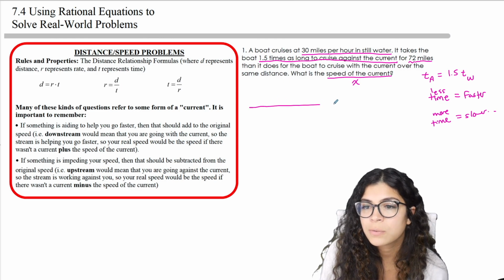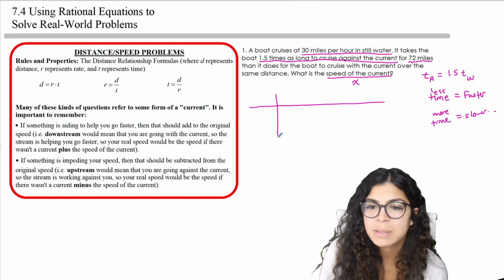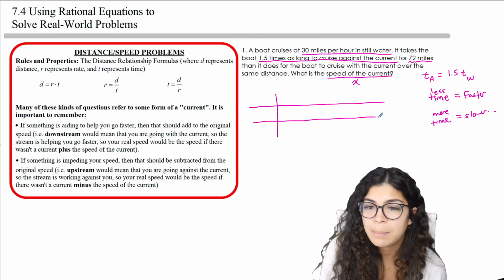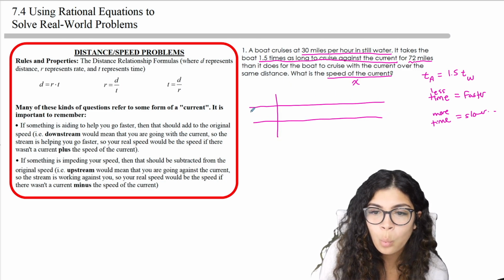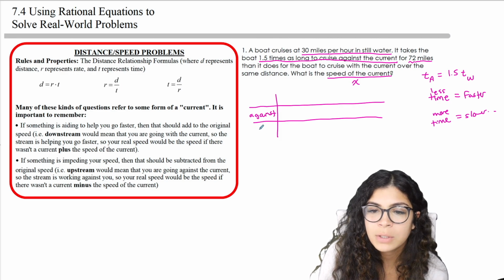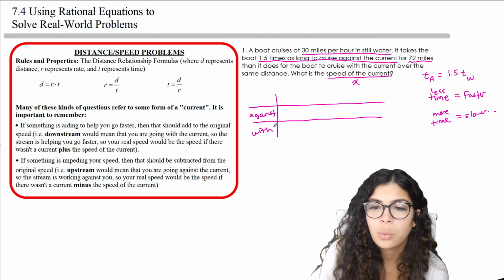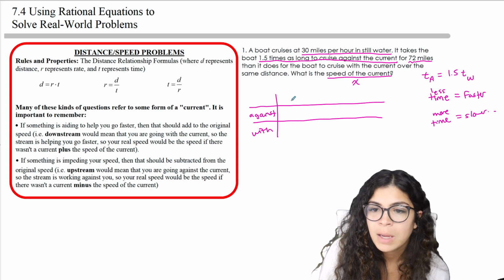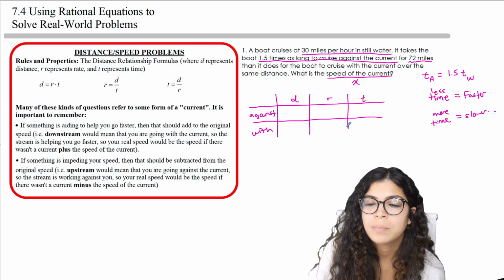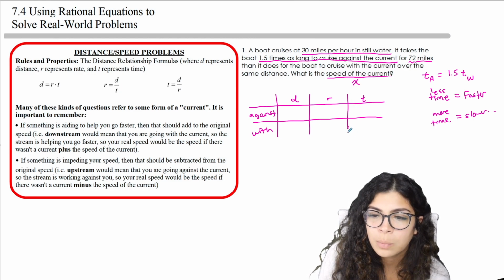Now what I would suggest for you to do with all of these problems is to set up a table. One of these rows will be all of the information for against the current, and one of these rows will be all of the information with the current. Now you need to figure out what is the distance, what is the rate, and what is the time from the question based on what is given.